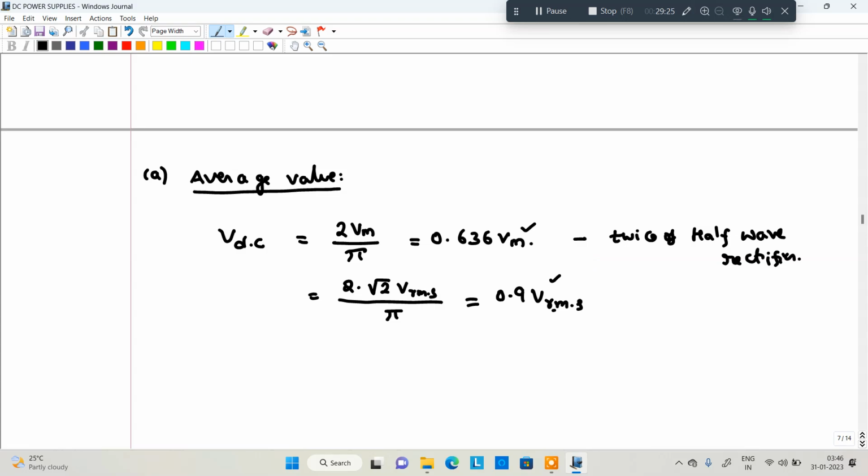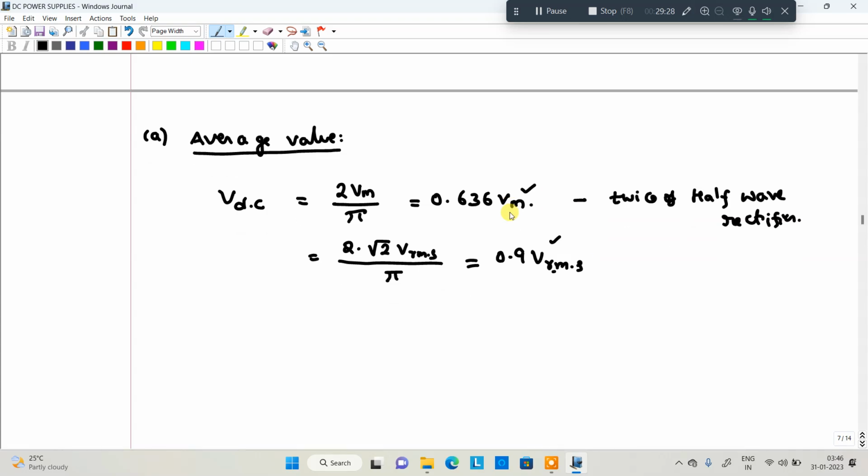into Vrms. The same thing is repeated for current also. In the current case, IDC is equal to 2 Im divided by π. That value will be 0.636 Im.